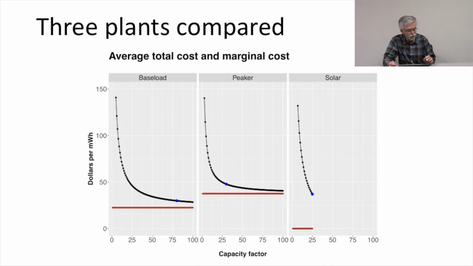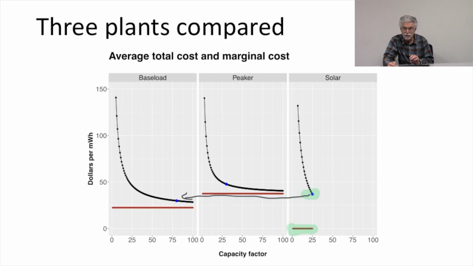I guess it's really important to notice here that solar has a marginal cost that's lower than anyone else's, but its average total cost at 25% capacity factor is higher than the average total cost of the baseload power plant at its anticipated capacity factor.